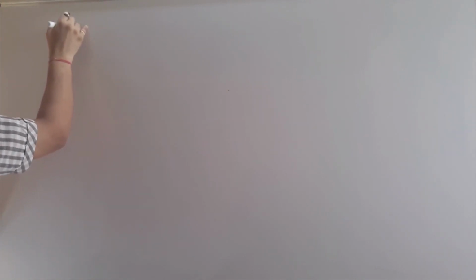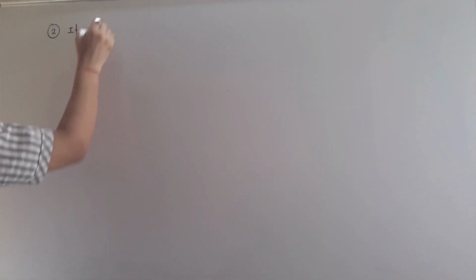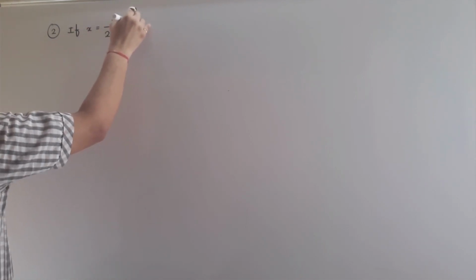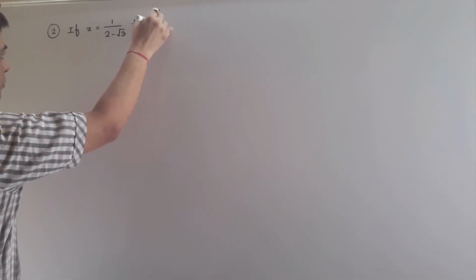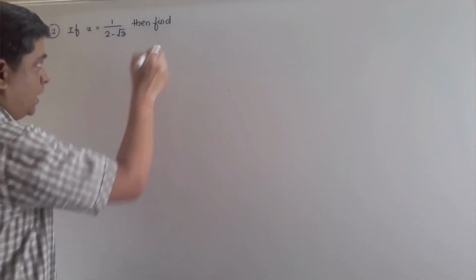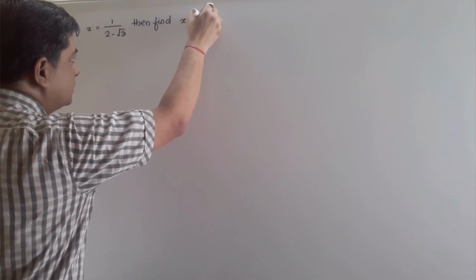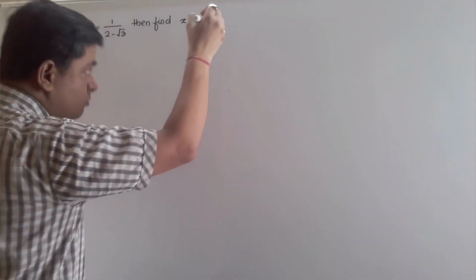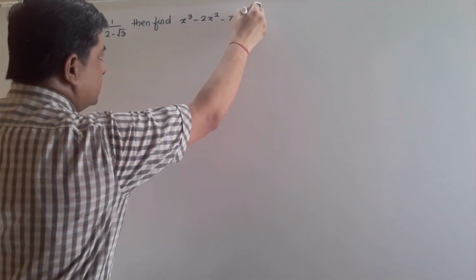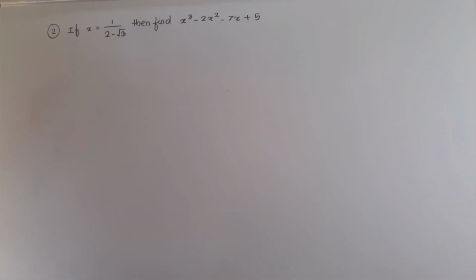We are given that if x equals 1 upon 2 minus under root of 3, then find the value of x cube minus 2x square minus 7x plus 5. So we have given a cubic polynomial whose value we need to find out.